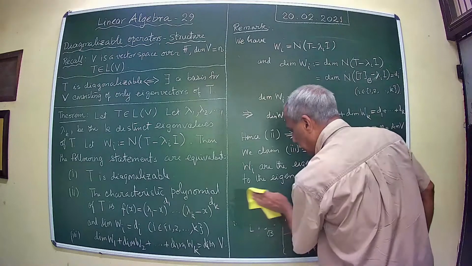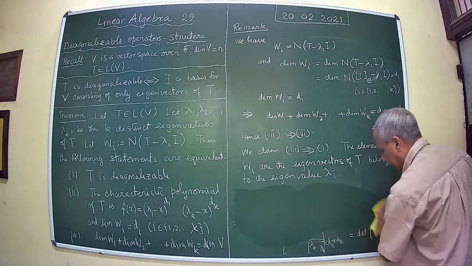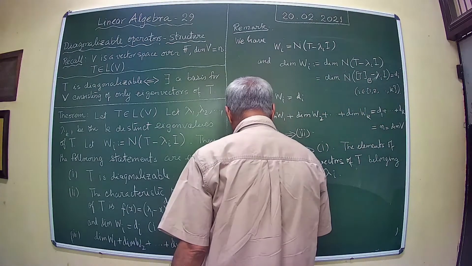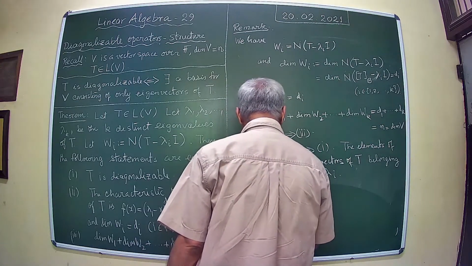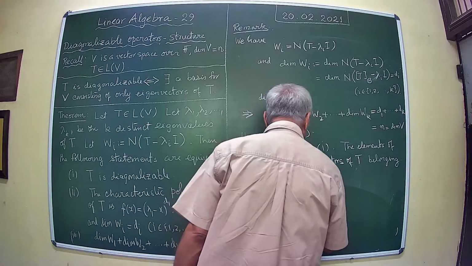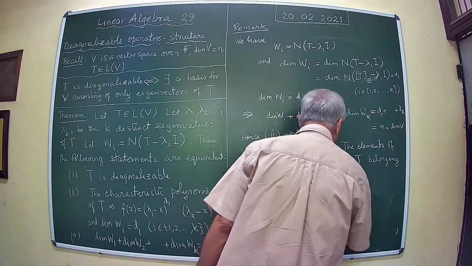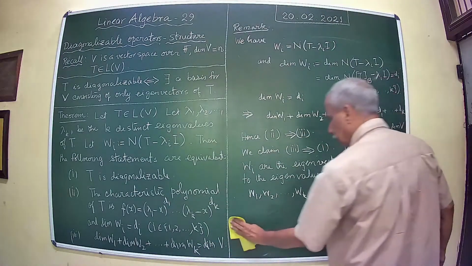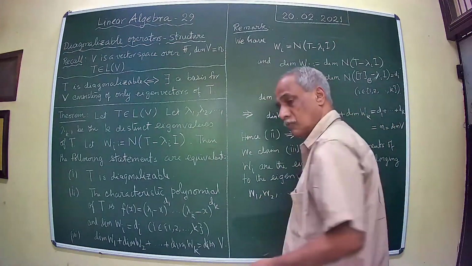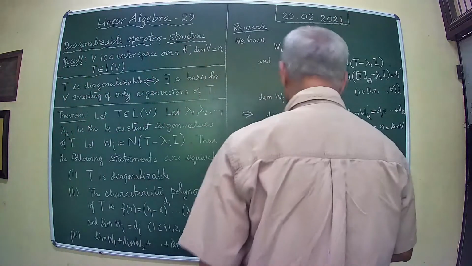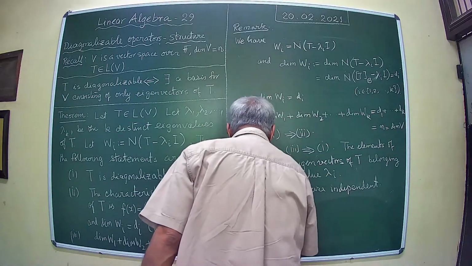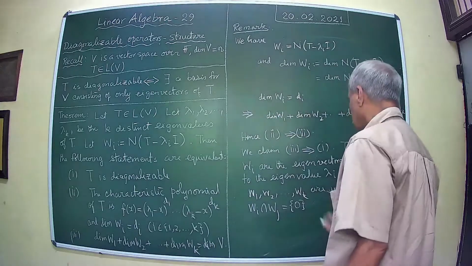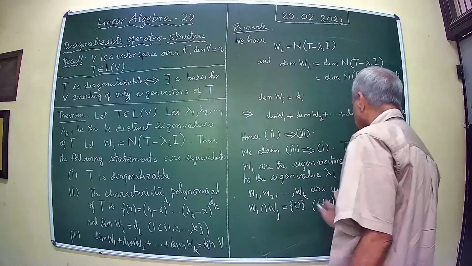Now we know that W1, W2, up to Wk are linearly independent, which means what we have is this, whenever i is different from j.